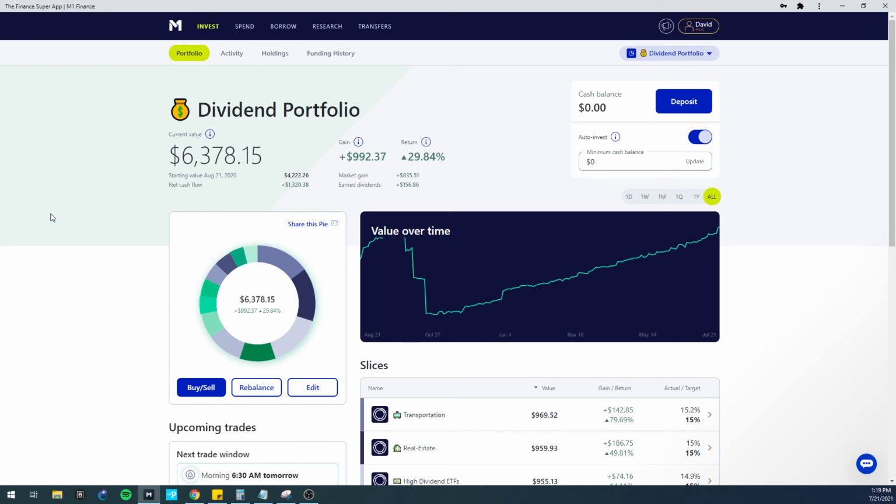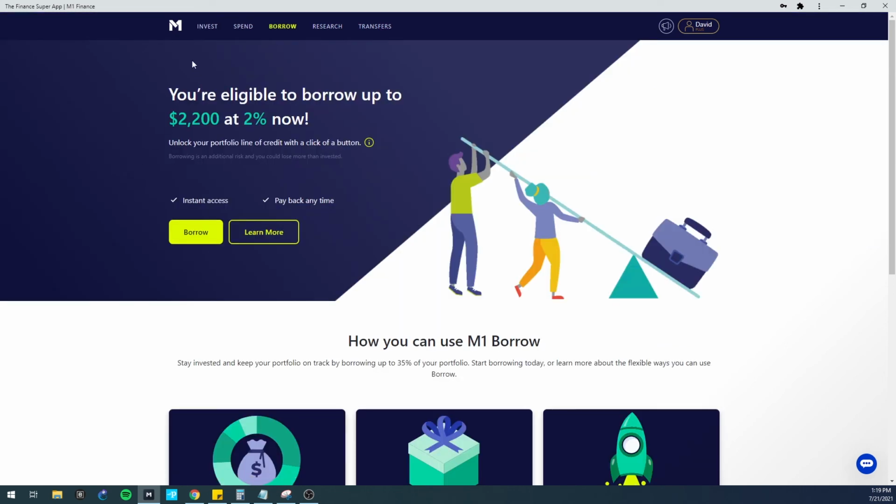Anything else that doesn't need a full video that I can look into? Borrowing. This is going to be margin lending. Right now I'm eligible for $2,200. You can see I actually have not done any margin lending.